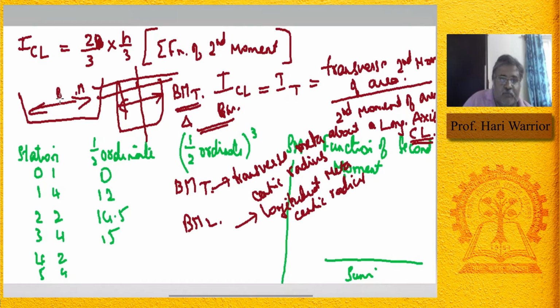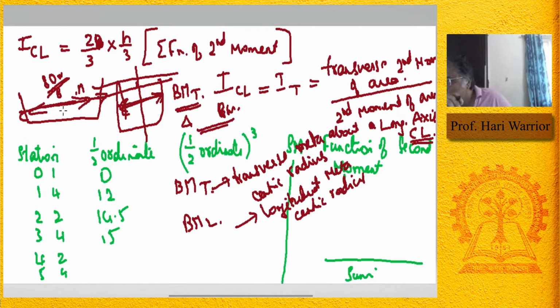This longitudinal BM, which is called BML, is of the order of 80 meters, of the order of ship's length. BMT is of the order of ship's breadth, which is like 4 to 8 meters. BML is of the order of ship's length, which depends on the ship, 50 to 80 meters.